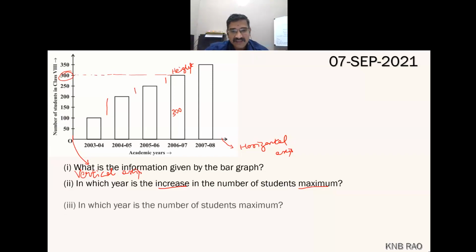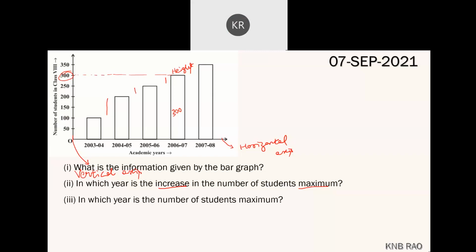Then coming to the third question, in which year is the number of students maximum? This question is different. In which year? 2007-08. Yes. For the number of students being maximum, obviously it is the longest or tallest bar. The tallest bar is 2007-08. How much is the strength? 350. So here the increase is 50, and whereas here the increase is 100.